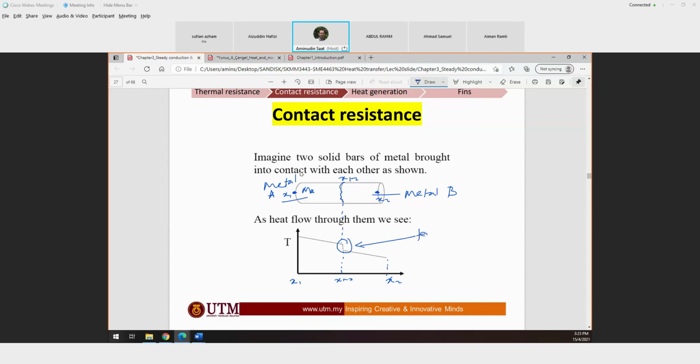This is a temperature drop due to the contact resistance.